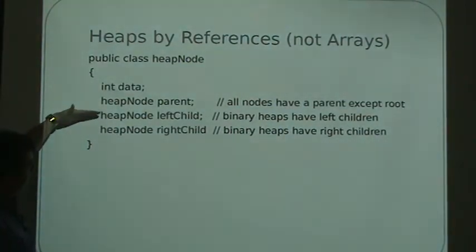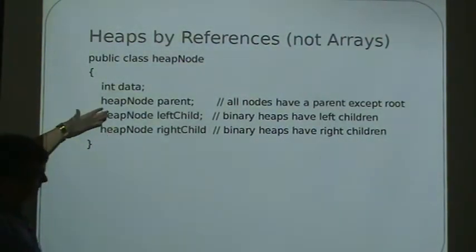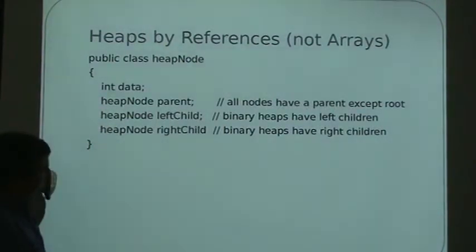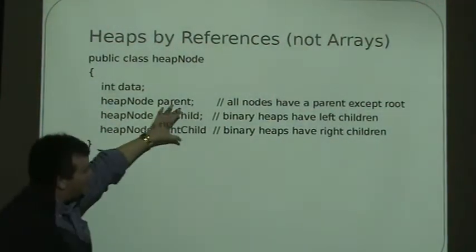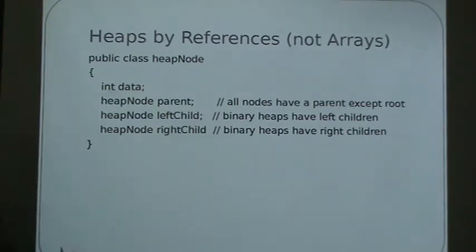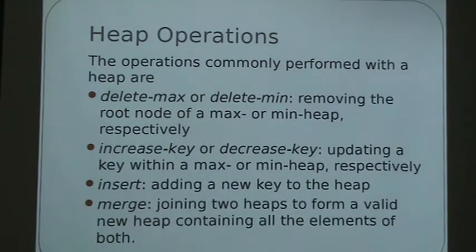You could have a reference to its left child, its right child. A binary tree would have left and right children. You could also have an array of children if you want to have many children. Or you could not reference the children, and just have every node point to its parent. Then you can only walk up the tree, you can't come down the tree. But yeah, there's no requirement that a heap is binary. It's just that if you use an array, it becomes very easy to do.